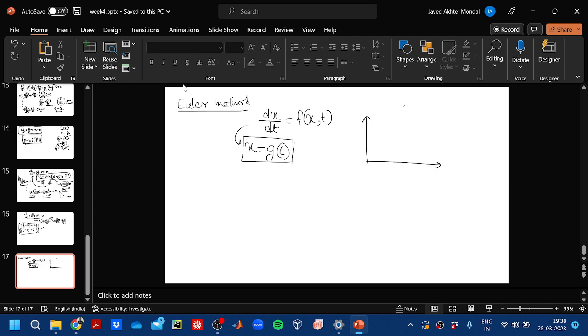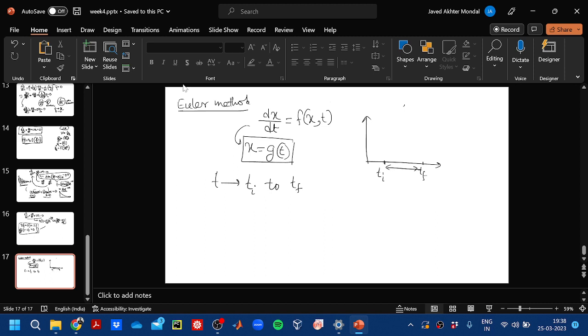To numerically calculate this, we know our integration time limit. Suppose we want to integrate this function from time ti to tf. Suppose this is our initial time and this is our final time, and within this time limit we want to integrate this.